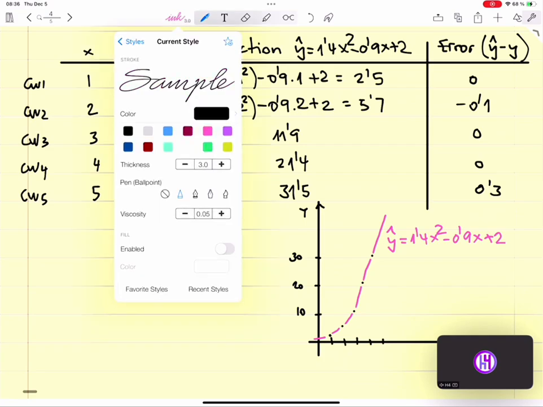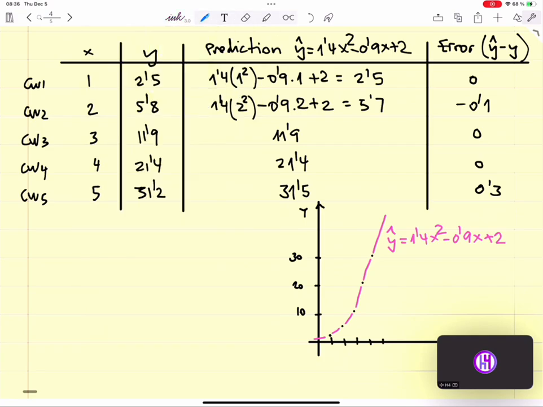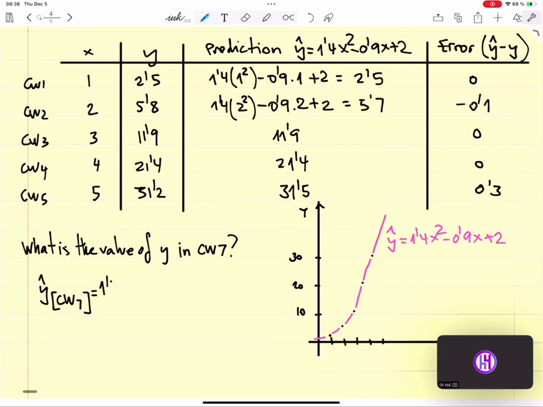So now we can ask, what is the value of y in calendar week 7? So y hat in calendar week 7 equals 1.4 times 7 squared minus 0.9 times 7 plus 2 equals 64.3.